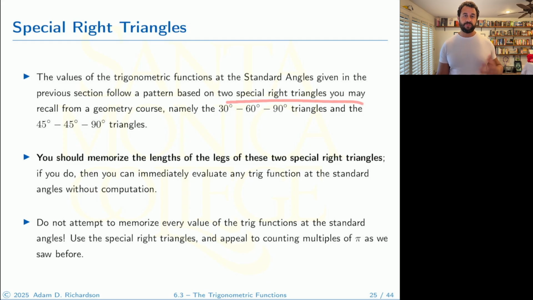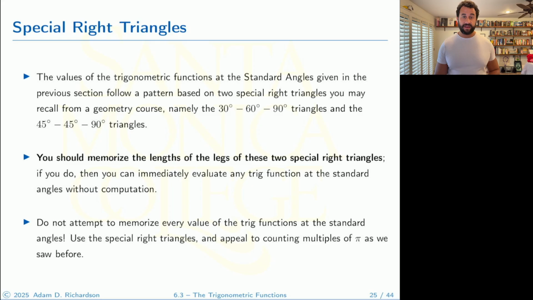You may have seen these before if you took geometry or algebra, but the two special right triangles you're going to want to memorize are the 30-60-90 triangle and the 45-45-90 triangle. Once you have all that covered, everything is going to fall out. So you do need to memorize the lengths of the legs of these two right triangles that I'm going to show you in a minute.